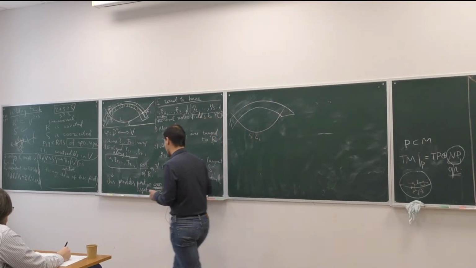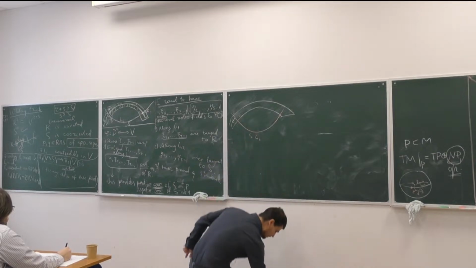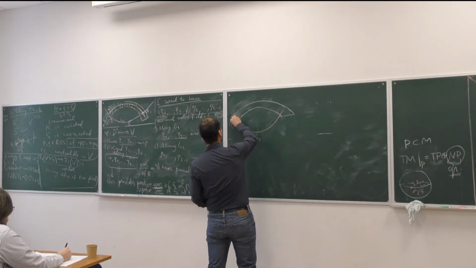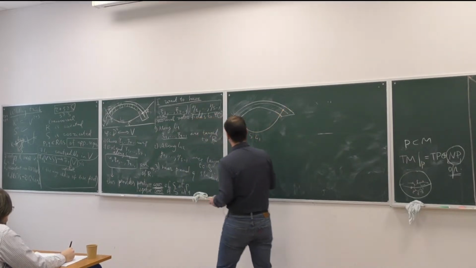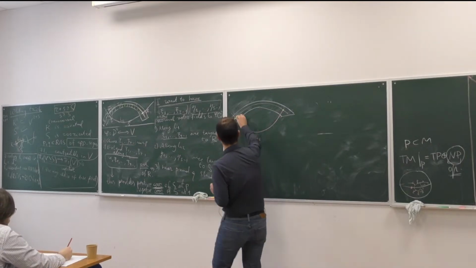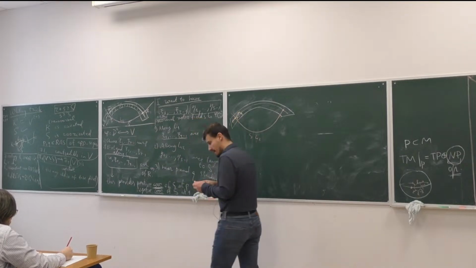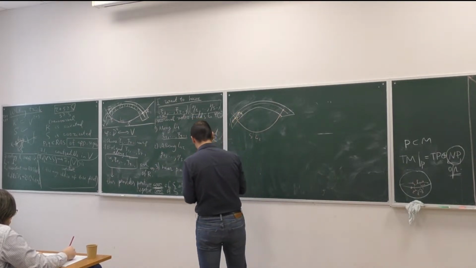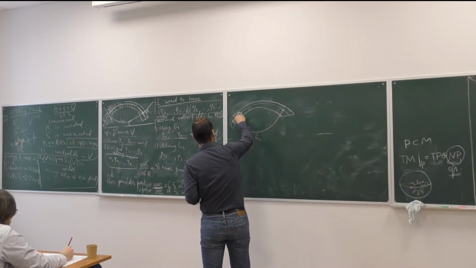Here I got this one, and look, at the points here I have U, and I have this C1, CR minus 1.